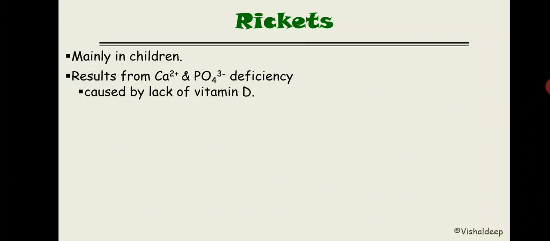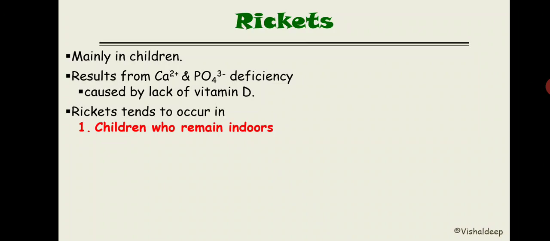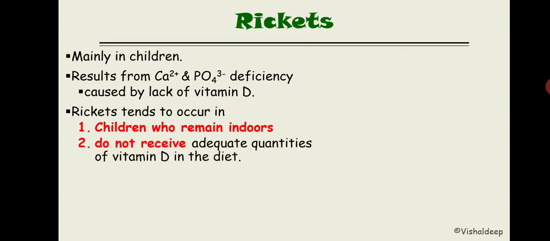Rickets tends to happen in children who remain indoors most of the time and do not receive adequate vitamin D in the diet as well. This happens in western countries because they have cold winters.